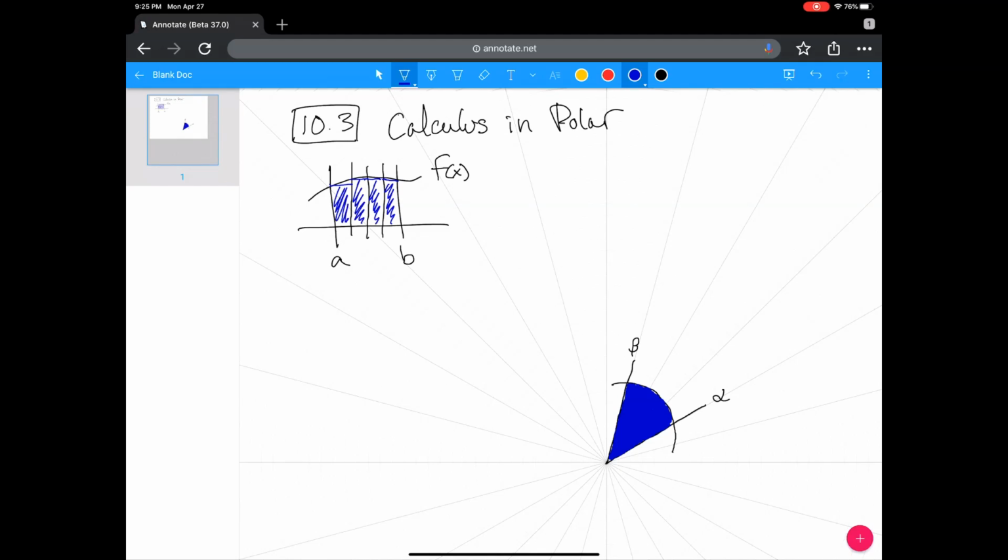Delta x was the thickness of these slices, leading to the thickness of these rectangles. As delta x went to 0, and these got skinnier and skinnier, we took the limit of the summation of the rectangle areas, which was the height of the rectangle, at some x star, times the thickness of the rectangle.